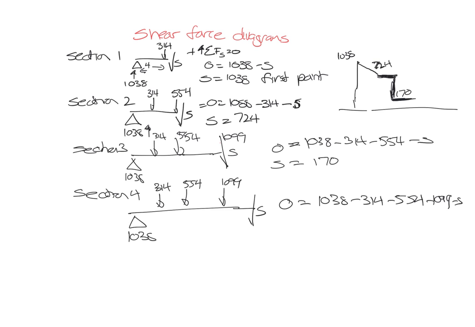Minus shear, which equals minus 929 minus shear. Moving the shear across to this side, shear will equal minus 929. So here you can see it's going to come down this way, which is the shear before heading back to the 0.